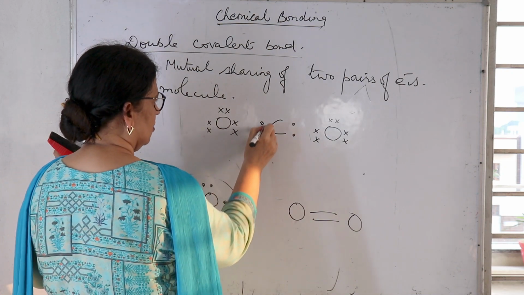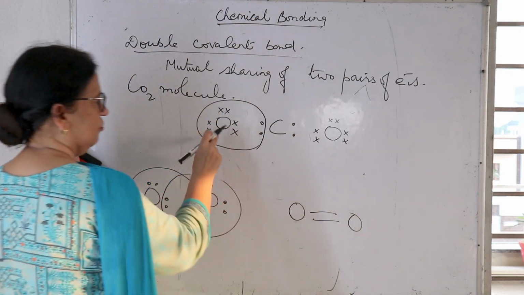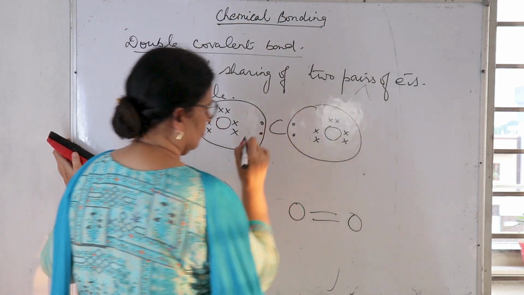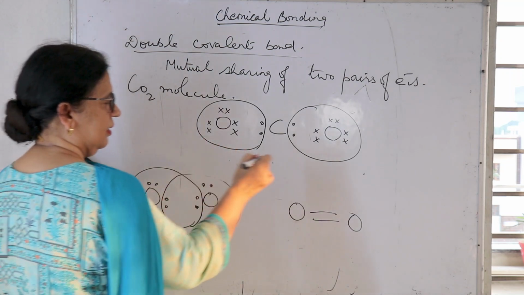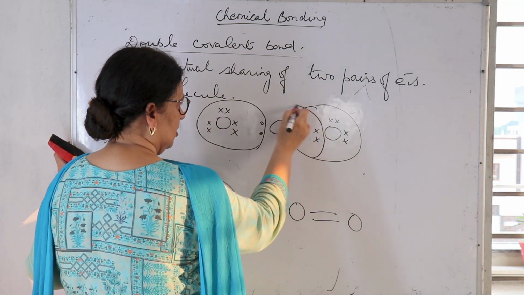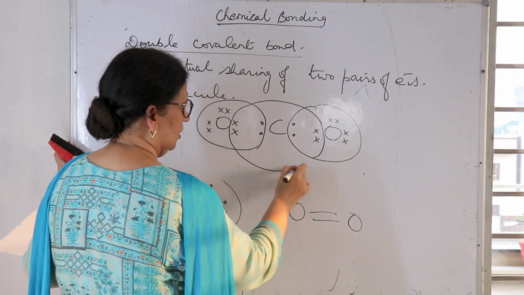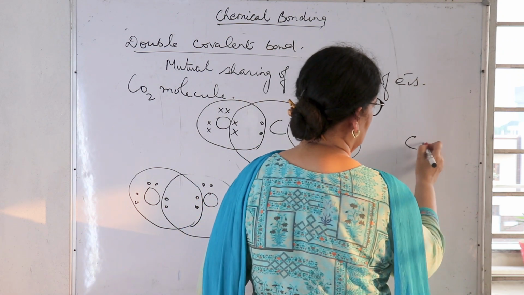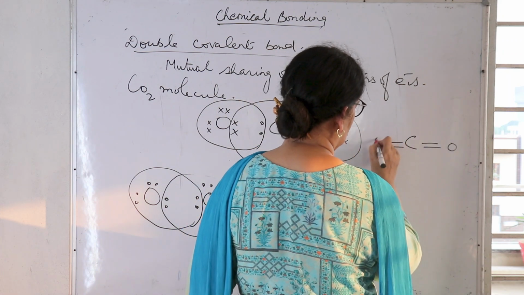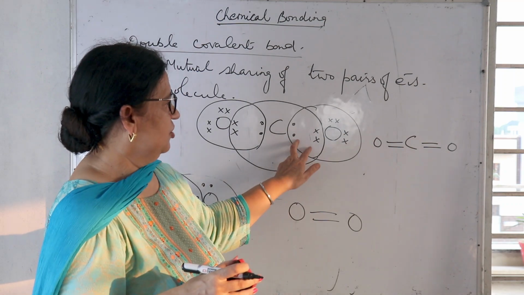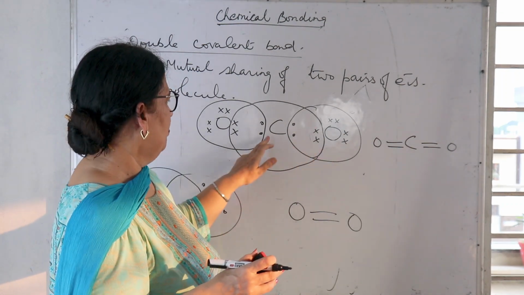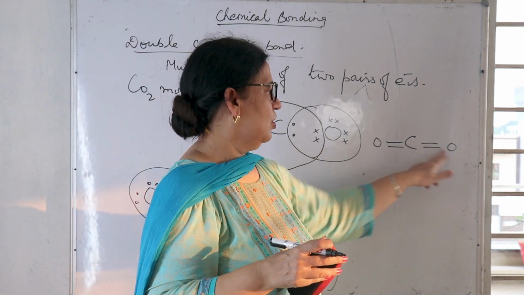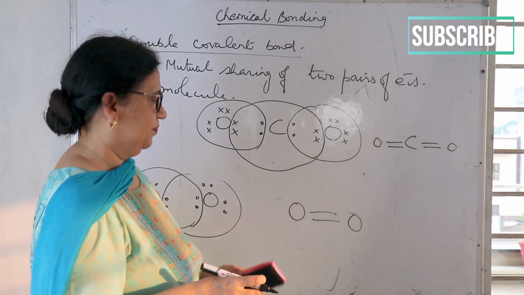Complete the L shell of oxygen with 8 electrons, and this oxygen is also having 8 electrons with the sharing of 2, and carbon will share the 2 electrons with each of the oxygen. So here the structure is C double bond O, double bond O. 2 pairs it is sharing with this oxygen, and 2 pairs it is sharing with this oxygen. So carbon double bond oxygen, double bond oxygen.